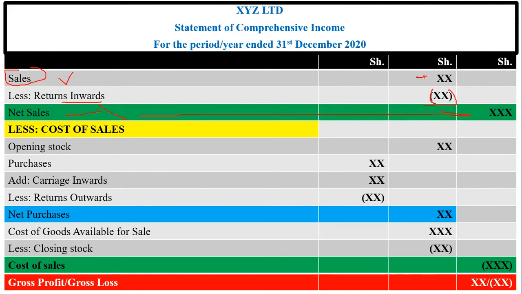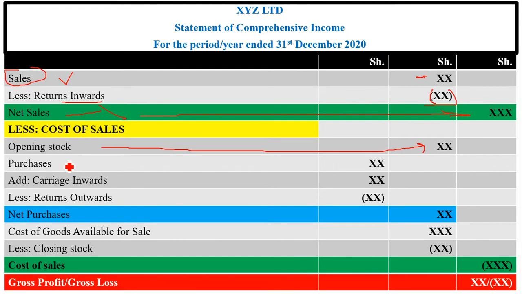And the cost of those opening stock, for example, if you are selling calculators, and you remained with 2 calculators last month, the cost of those 2 calculators will be the opening stock cost. This figure is not affected by anything, and that is where we take it to the second column.